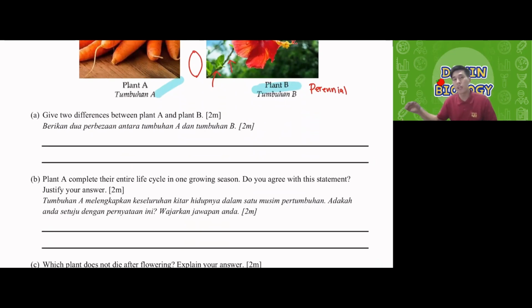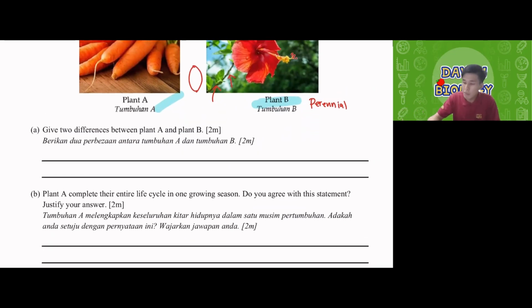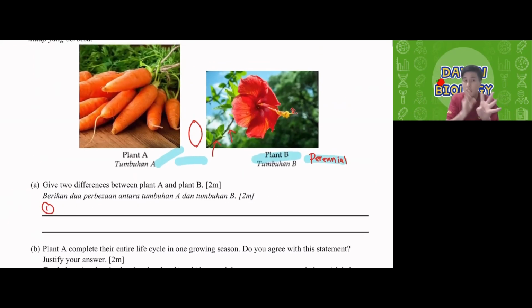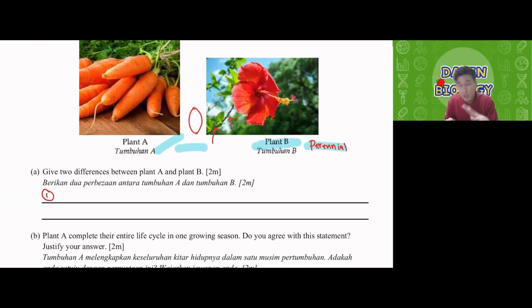So, 2 differences between plant A and B. Besides saying they are biennial and perennial, the first one you can write is the life cycle, which we did just now: live for more than 2 years, complete within 1 year, 2 years and more than 2 years. Another one is woody and non-woody, has secondary growth, no secondary growth, same as just now. So you can write back the same thing.